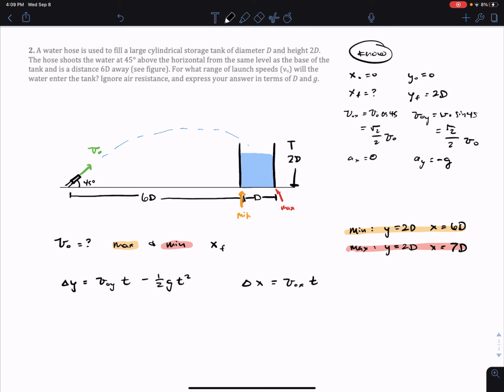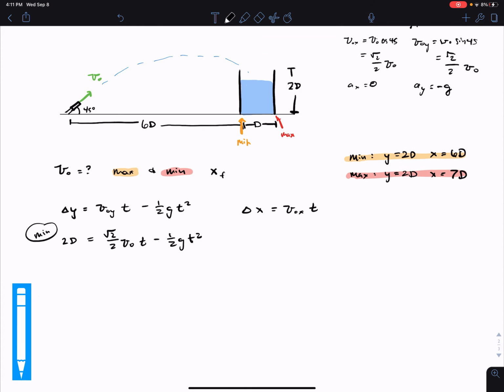So to get our time, our delta y is going to be, so we go from 0 to 6, so that's going to be negative 6d, right? We're going to use this equation. So 2d is equal to root 2 over 2 v naught t minus 1/2 g t squared. Okay, this is for the minimum.